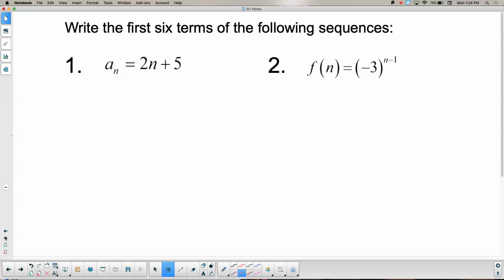Well, for the first term, I'm going to take the number 1 and put it into my rule in place of the variable. In this particular rule, the variable is n, so I'm going to replace n with 1 because it's the first term.